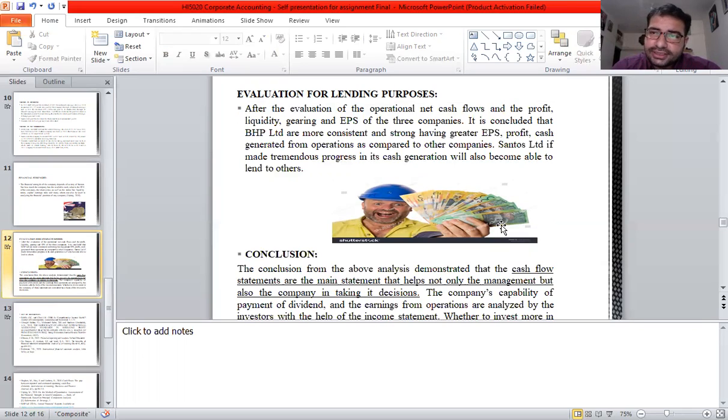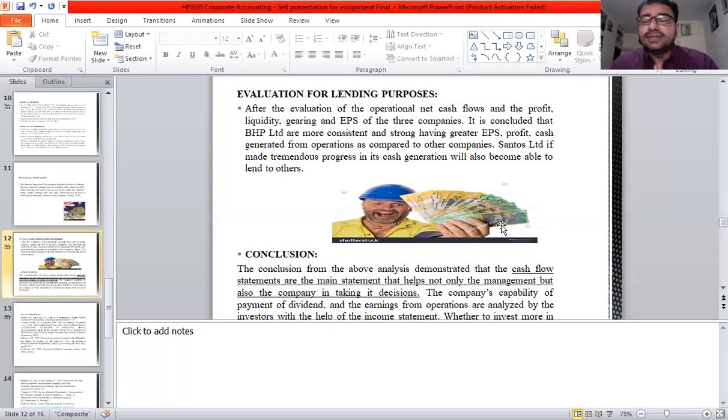The evaluation and the financial analysis that I've done show that the net cash flow, the operational net cash flow, profit, liquidity, gearing, and EPS of all three companies were analyzed, and it was concluded that BHP Limited is more consistent and strong, having greater EPS, profit, and cash generated from operations as compared to the other companies.